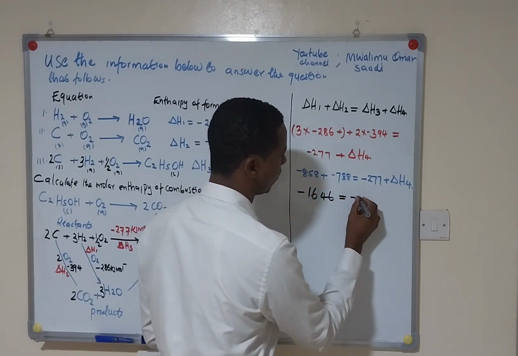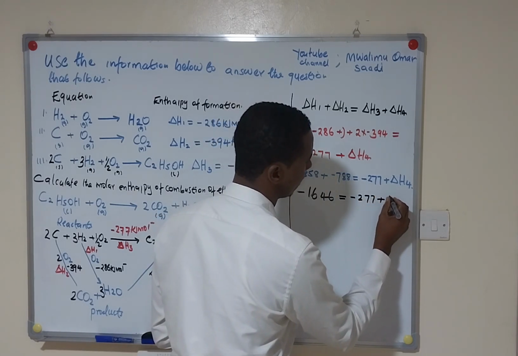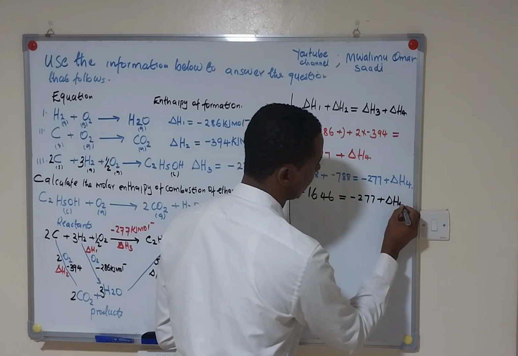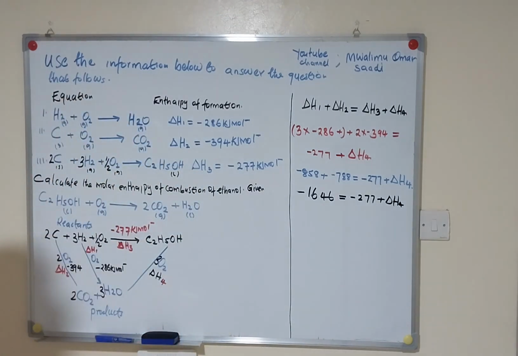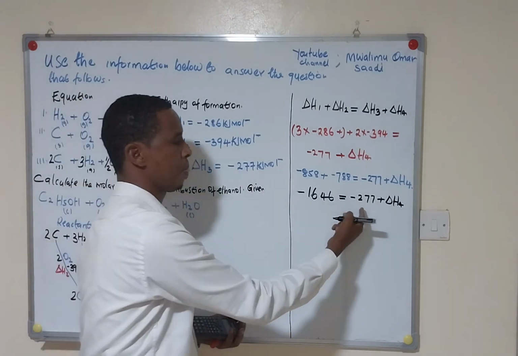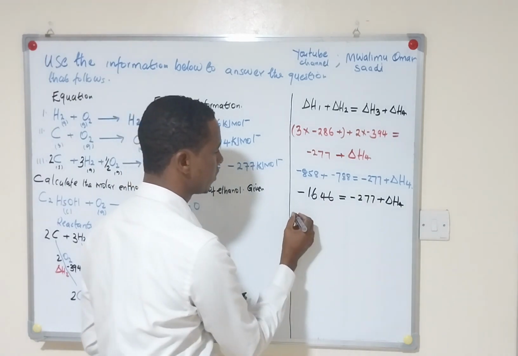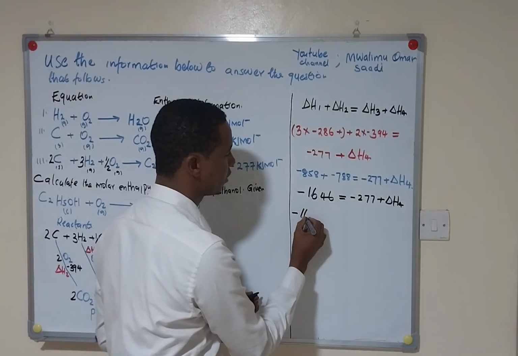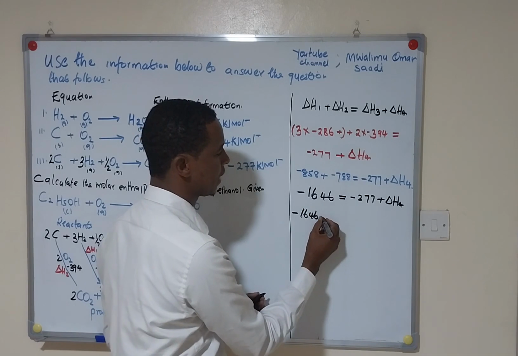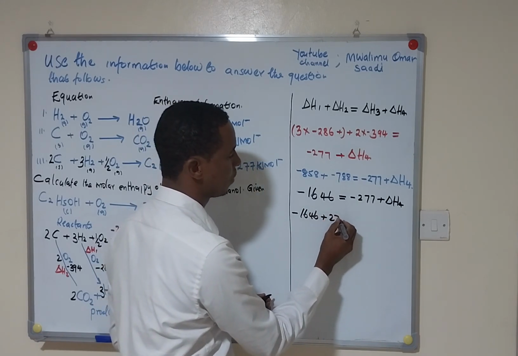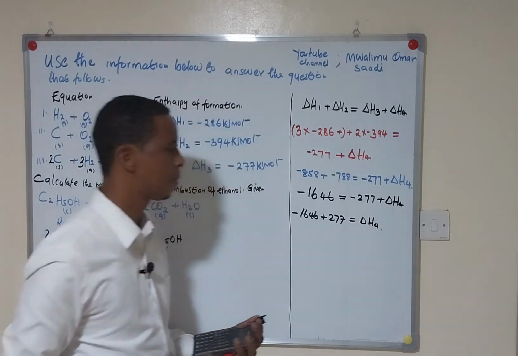Negative 1646 is equal to negative 277 plus delta H4. To get delta H4, we simply take negative 277 to this side. So it becomes negative 1646 plus 277 is equal to delta H4.